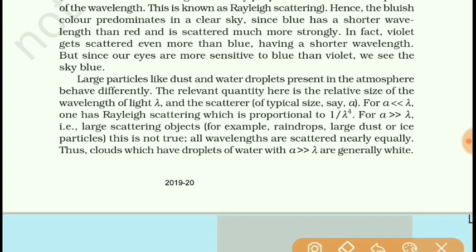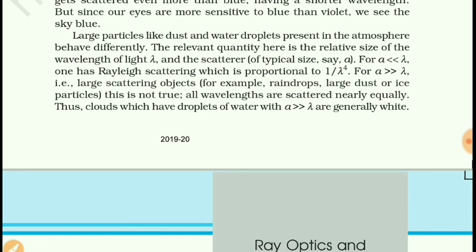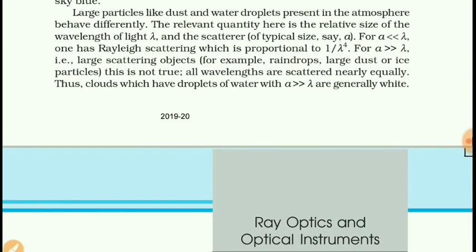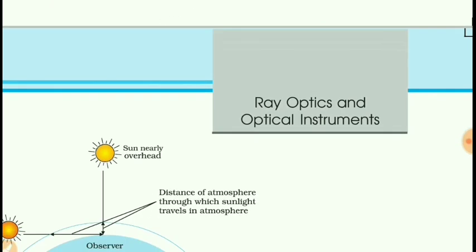And the scattering for which this proportionality is obeyed is called Rayleigh scattering. Rest of the things you can go through the textbook and you will be able to understand.